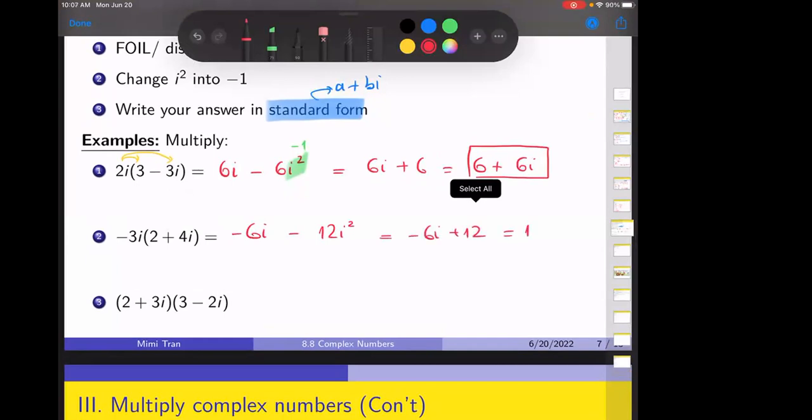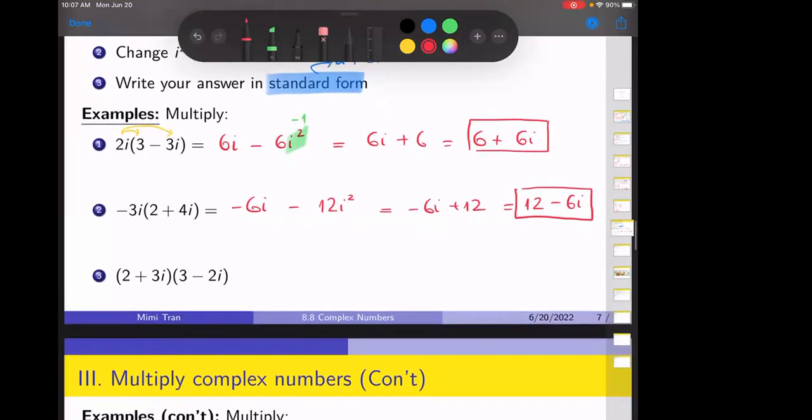And then I got negative 6 plus 12. Negative 12 minus 6i, right? I'm sorry, positive 12 minus 6i. Just change things around. Do not distribute, I'm sorry, do not factor. I know it's tempting: oh, I've got to factor, there's 6 and 12. But we want a plus bi.